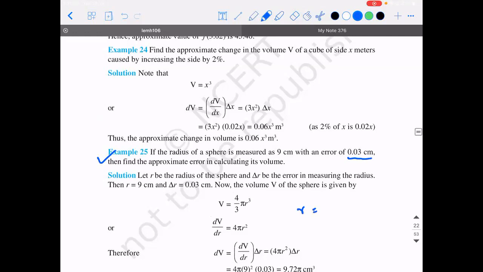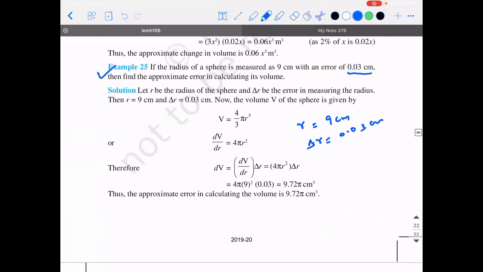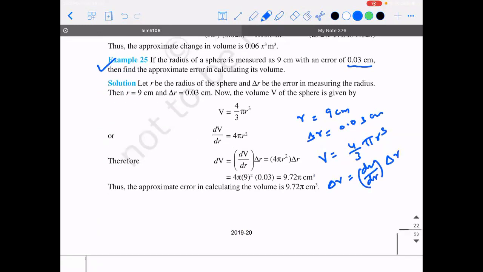So radius of the sphere is measured as 9 centimeter with an error of delta R, 0.03 centimeter. Then find the approximate error in calculating its volume. So volume is equal to 4 by 3 pi r cube. So delta V will be equal to dV by dr into delta R.